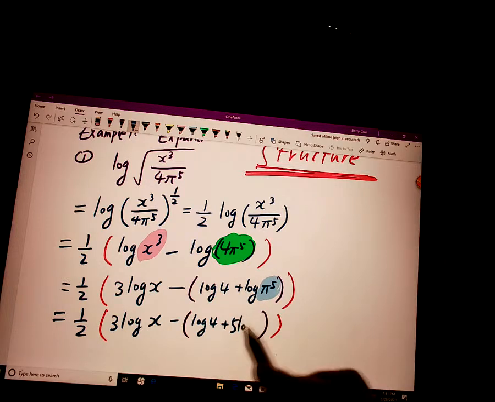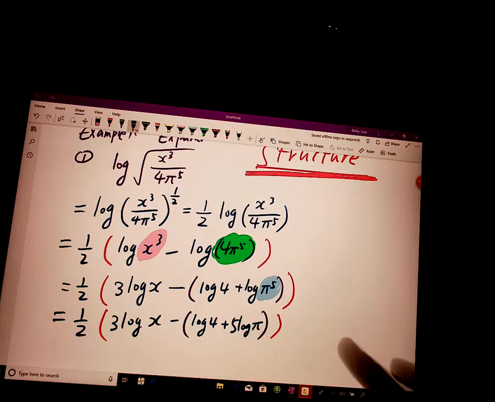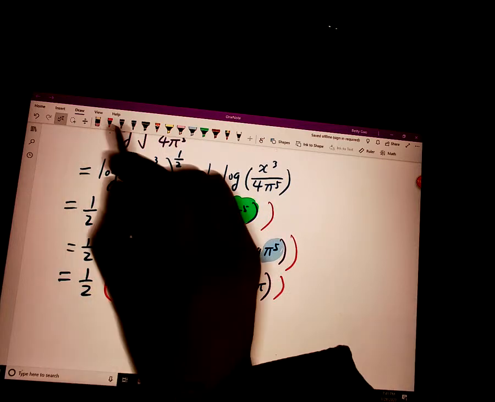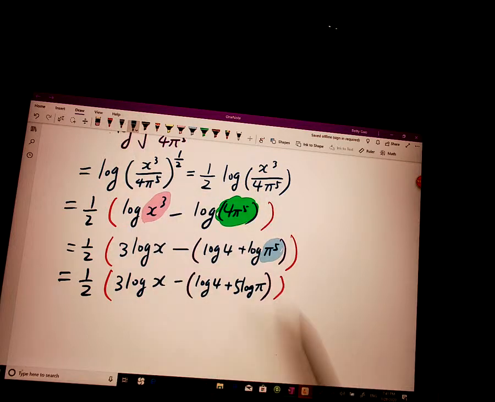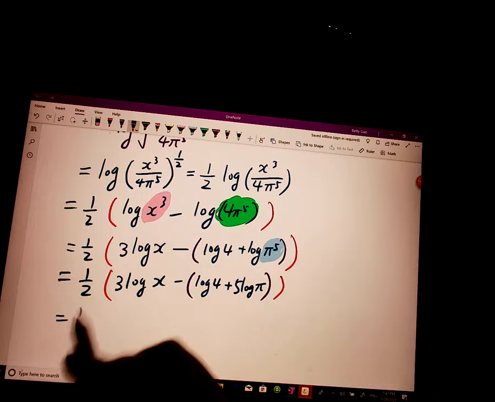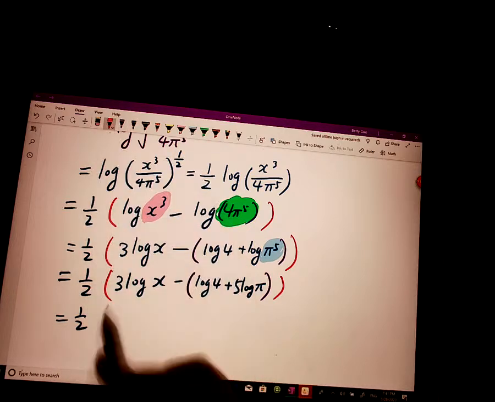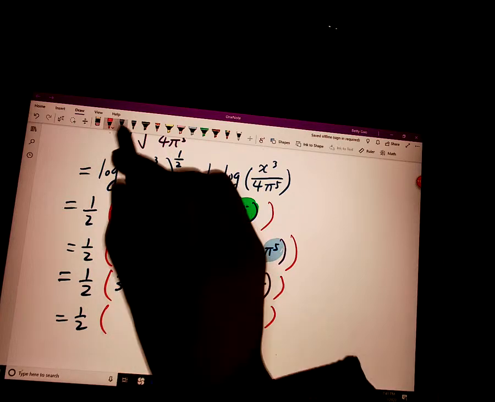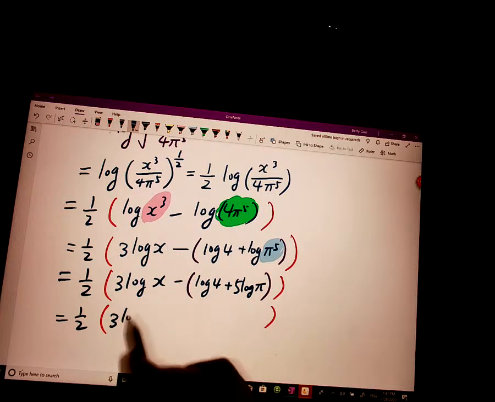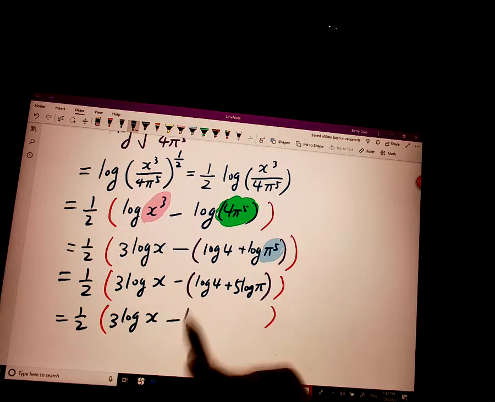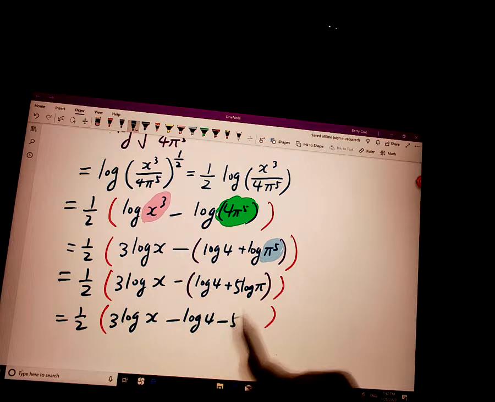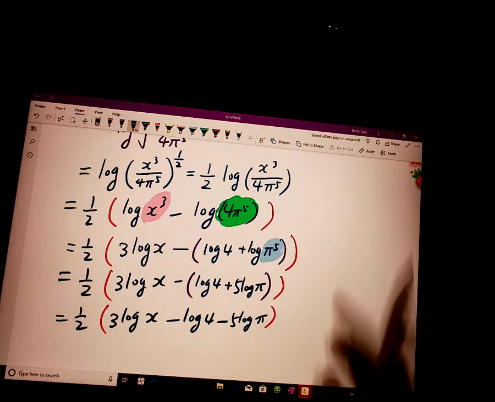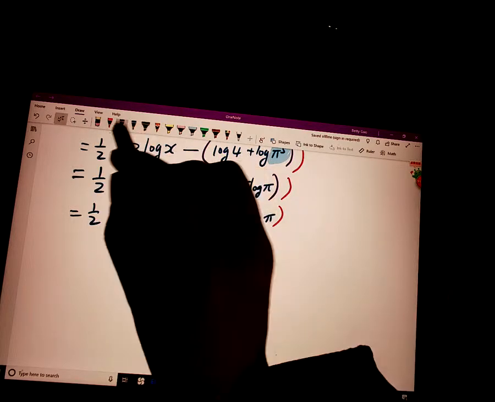We have 5 times log pi. Almost there. Now we're going to get rid of the parentheses, the red one and the black one. I'm going to remove the black one first: 3 log x minus log 4 minus, you know how to distribute, 5 log pi. And then remove the red parentheses.